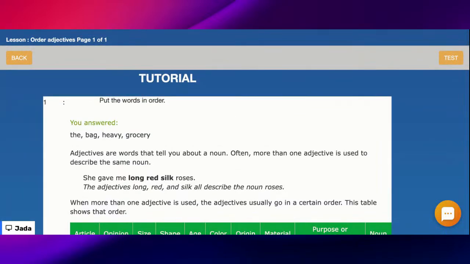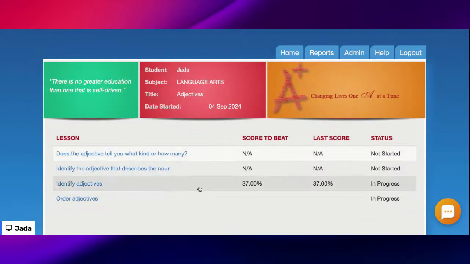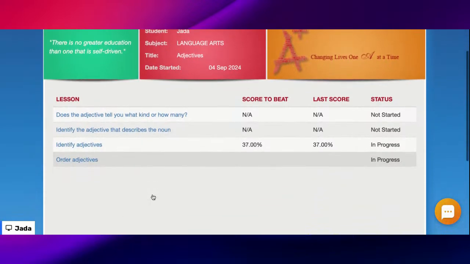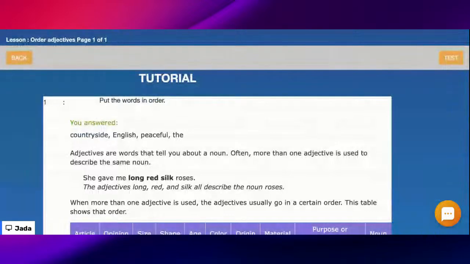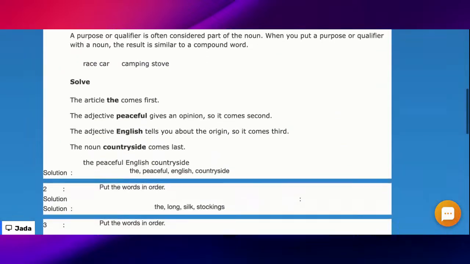Let's look at some more examples with this one. Okay, countryside, English, peaceful, the. All right, so put the words in order. The would come first because it's the article.